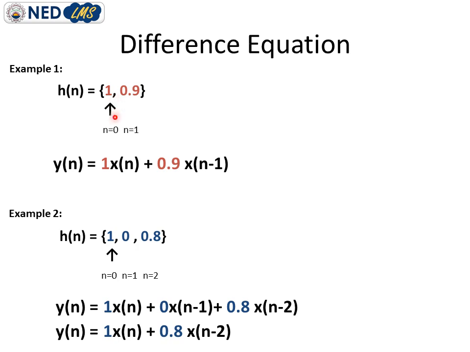We can write the difference equation with the help of this impulse response. At n is equal to 0, which is no delay in the input, we have x of n with coefficient 1, plus the second coefficient, which is delayed by one, x of n minus 1.